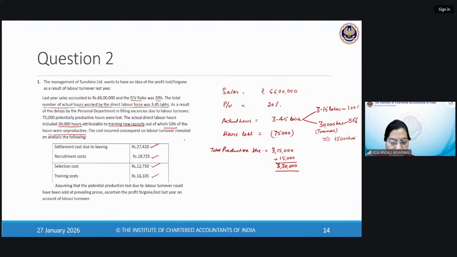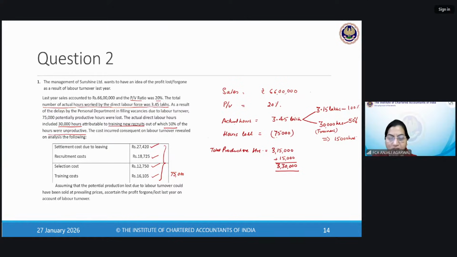Okay. 27,420 plus 18,725 plus 12,750 plus 16,105. So this turns out to be 75,000 in totality.